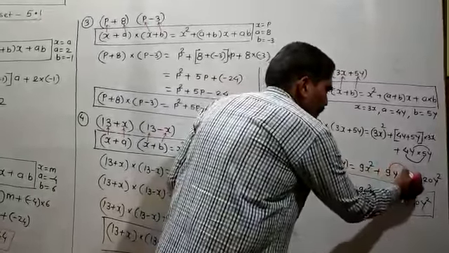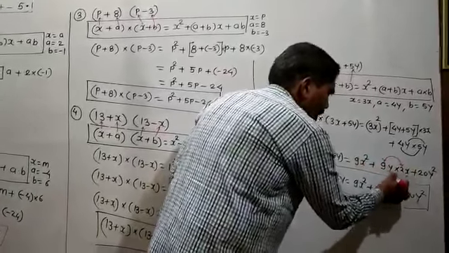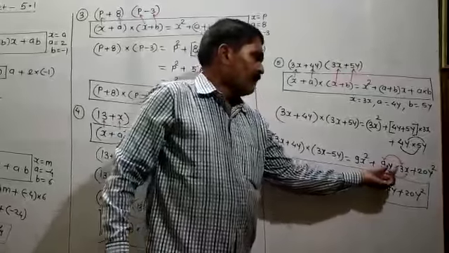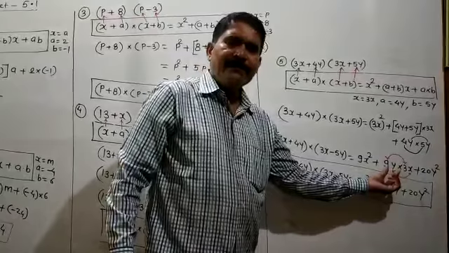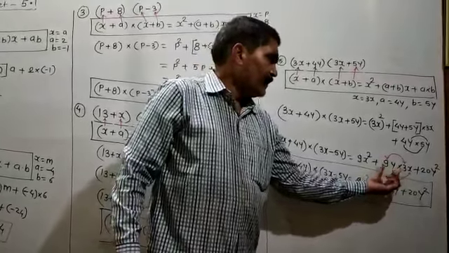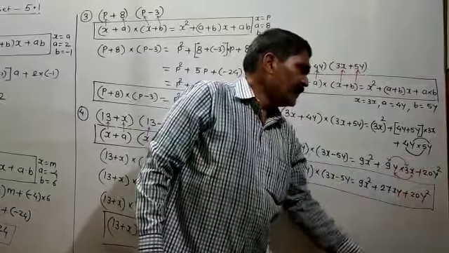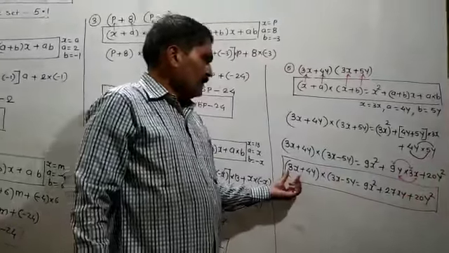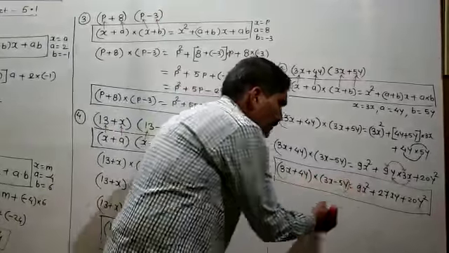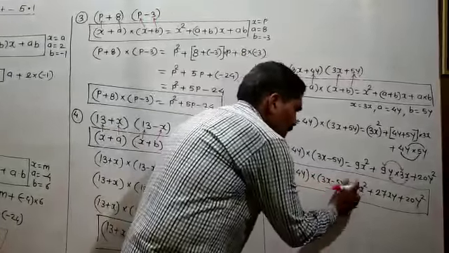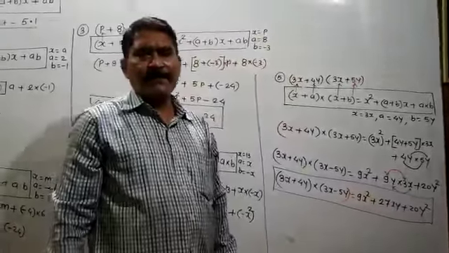Now, numeric term you will multiply with the numeric term, variable term will multiply with the variable term. 9 3s are 27. y multiplied by x, alphabetically x will come first and after that y, so x multiplied by y is equal to xy, plus 20y². Means (3x + 4y)(3x + 5y) is equal to 9x² + 27xy + 20y².